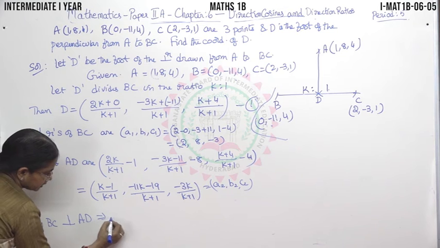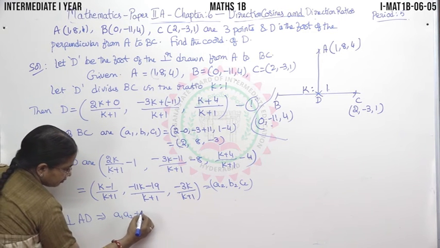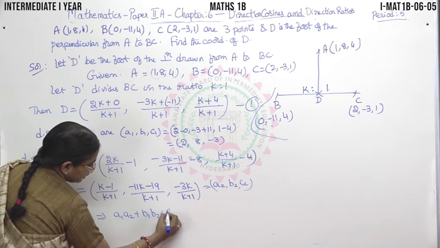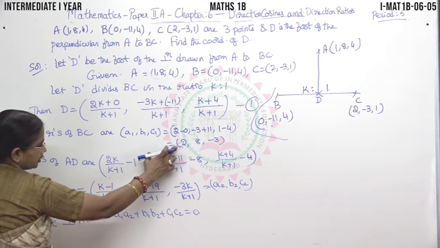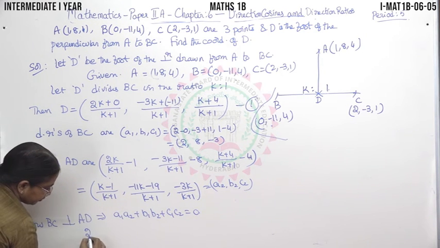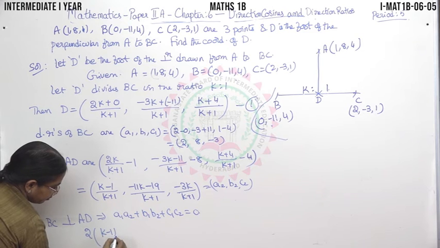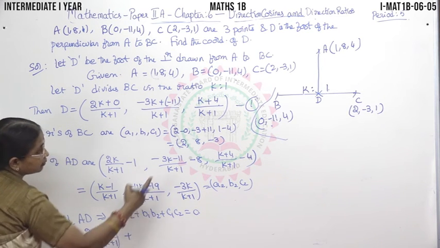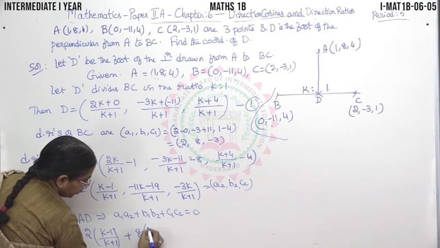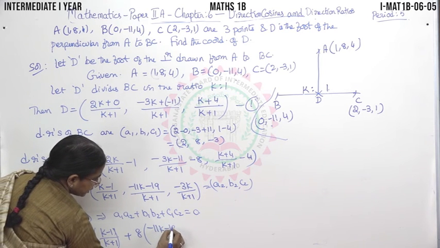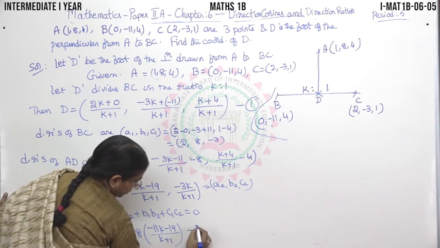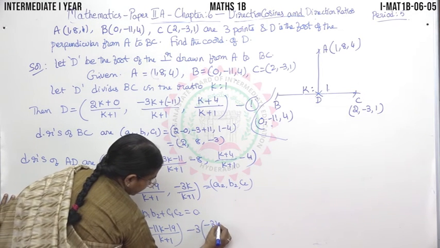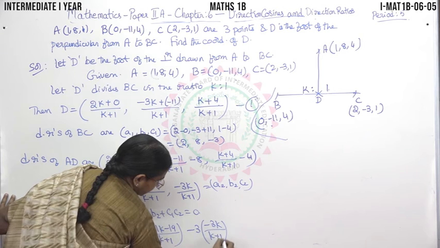Now BC is perpendicular to AD. So it implies a1 a2 plus b1 b2 plus c1 c2 is equal to 0. Now let's multiply: a1 a2 means 2 into (k minus 1)/(k plus 1), plus 8 into (minus 11k minus 19)/(k plus 1), and then minus 3 into minus 3k by k plus 1 is equal to 0.